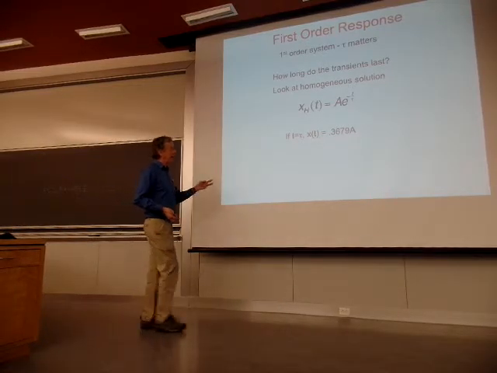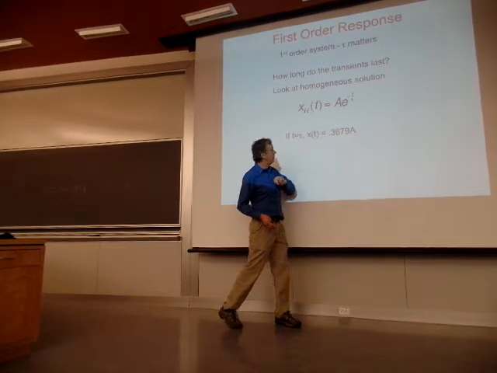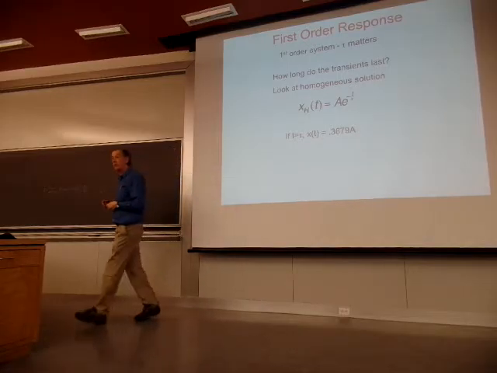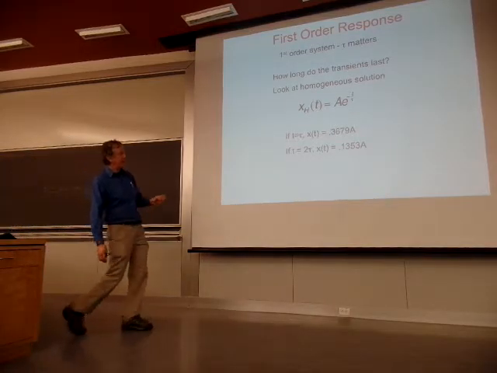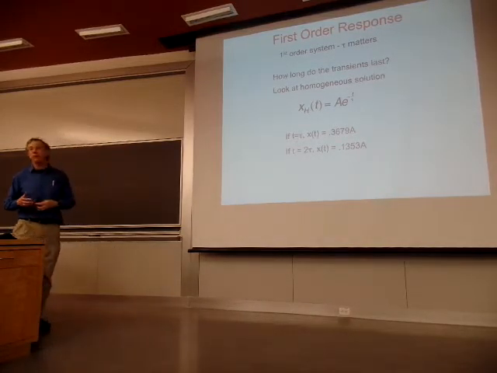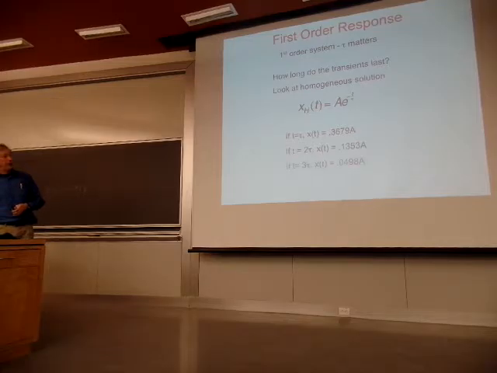So if t is at tau, x is 0.37 times whatever A is. At 2 tau, it's at 0.14. At 3 tau, it's about 0.05. And so forth. You can find them all.